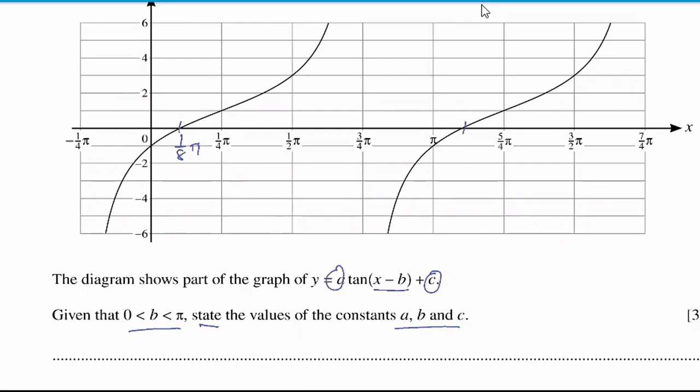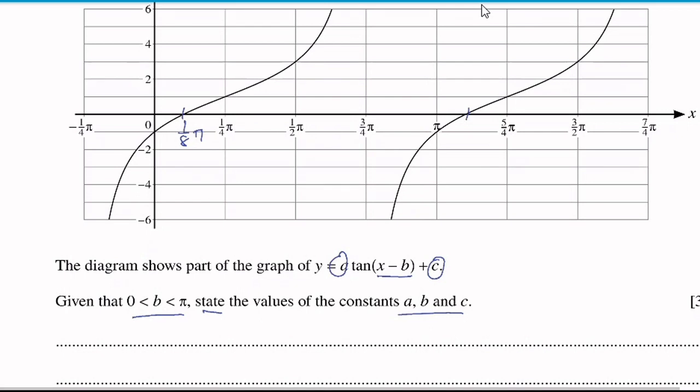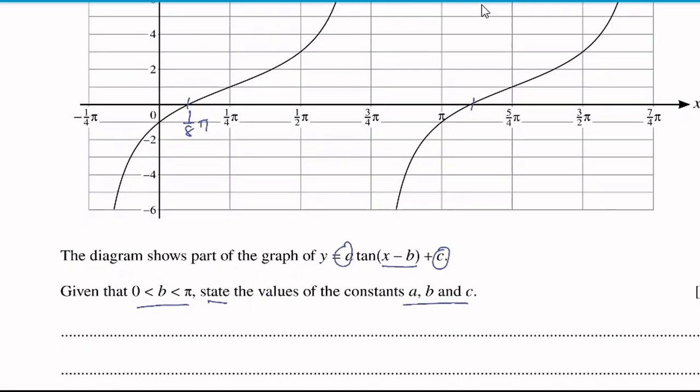Let's say we look at this point here. When x equals 1/4 pi, y equals 1.